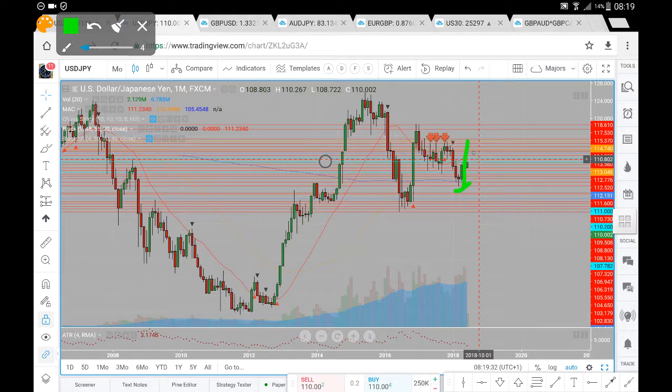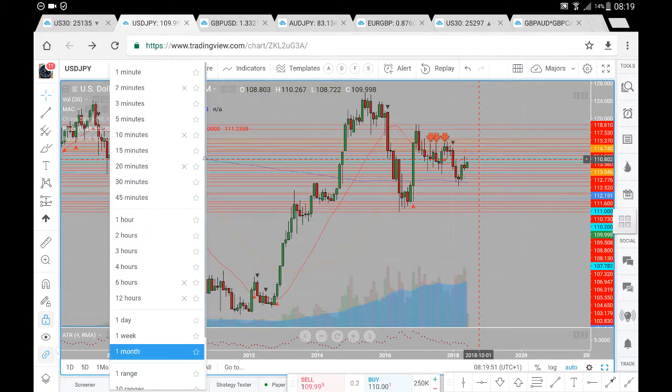Posted a bit of a pin bar, bullish move, had a rejection from another pin bar, but we are seeing that bullishness return to the market. So we do seem poised for further upside momentum here on the monthly chart on the US dollar Japanese yen.